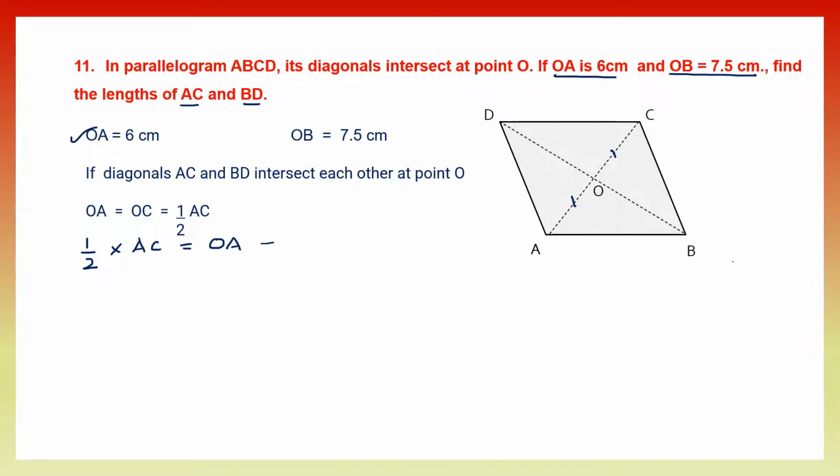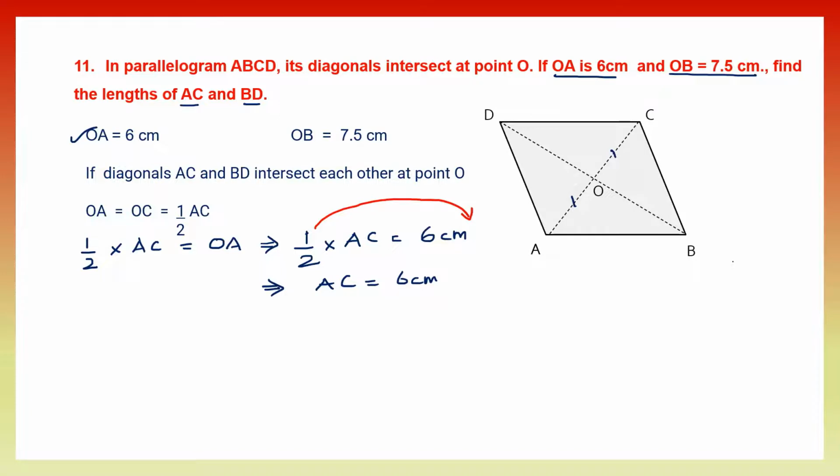So what does this mean? This means that if I have to find the value of AC, I have to substitute whatever I can. So let me do that. 1 by 2 into AC is equal to OA, which is 6 centimeters. That means 1 by 2 into AC is equal to 6 centimeters. Now I'm going to transpose 1 by 2, which is multiplication, to the right hand side.